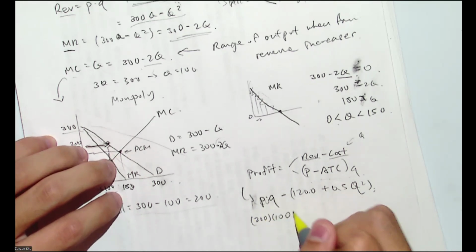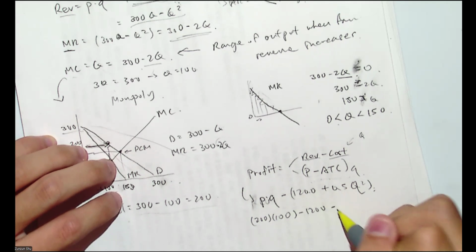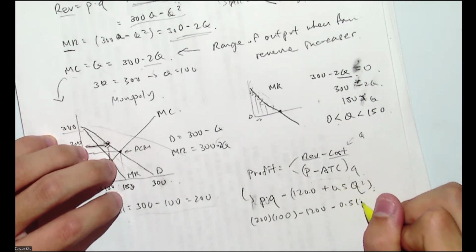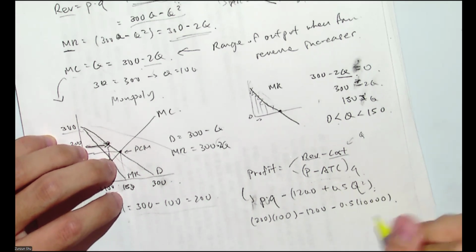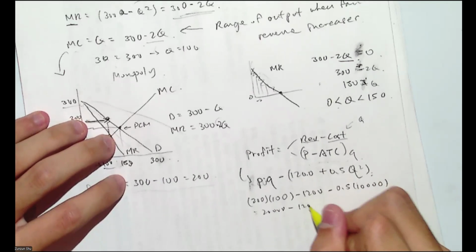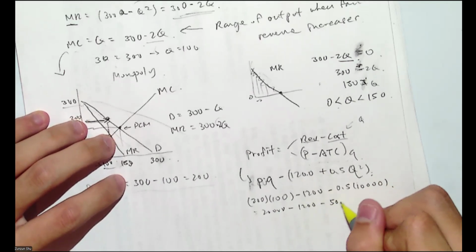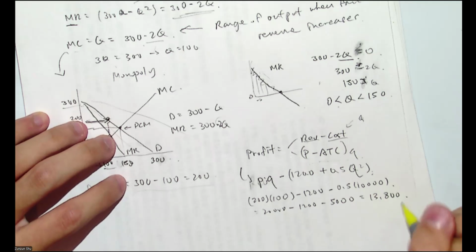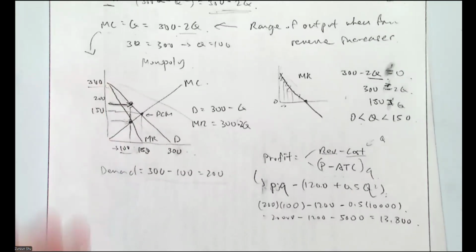Quantity is 100, minus 1200 minus 0.5 times 100 squared, which is 10,000. So that's 20,000 minus 1200 minus 5,000. So that's 13,800.